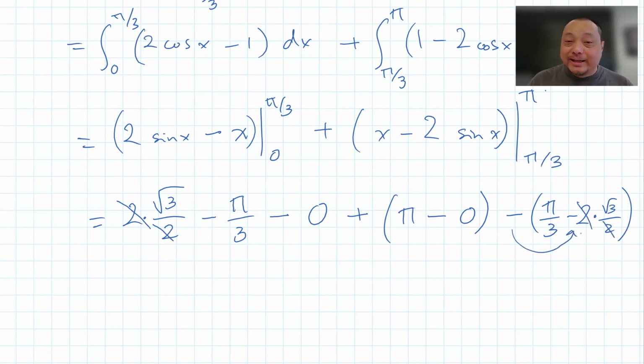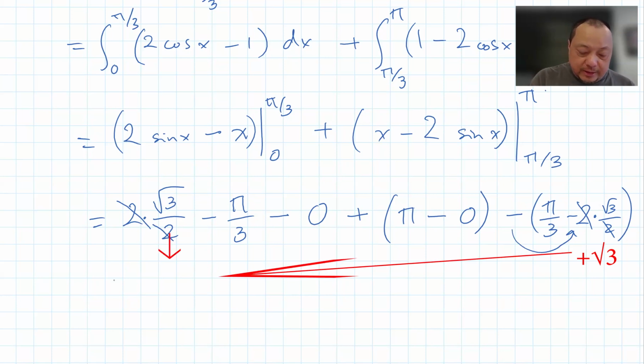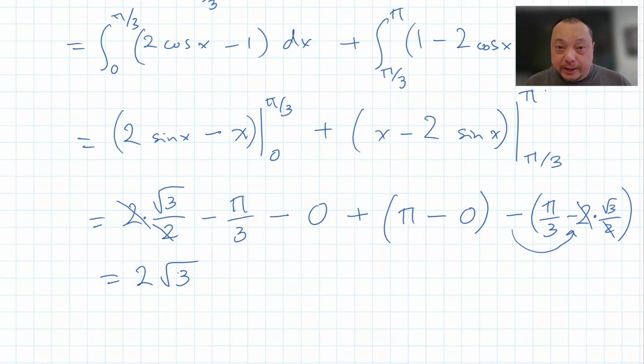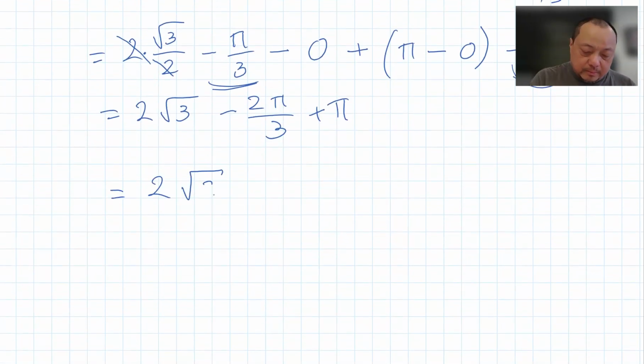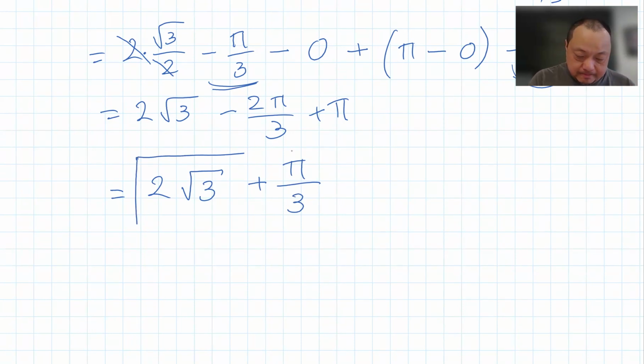This minus and minus makes a plus. So I have a total of 2 times the square root of 3. And now I'm looking at all the pi's. I have negative 2 pi over 3, because there are 2 of them here and here, and plus a pi. And 1 pi minus 2/3 pi is 1/3 pi. There it is.